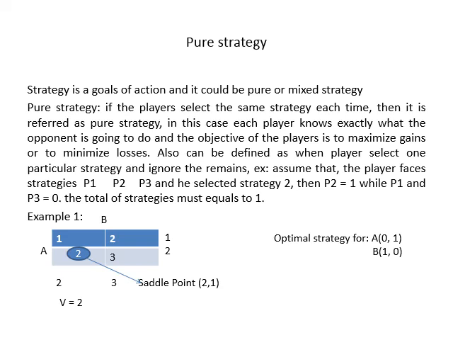Now, the common value between these strategies is 2. So we got 2 for columns and 2 for rows.